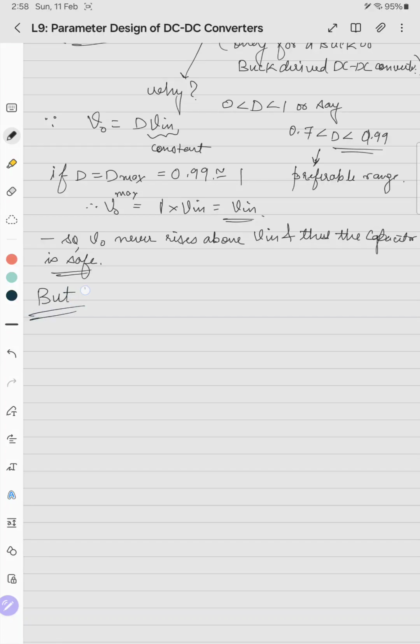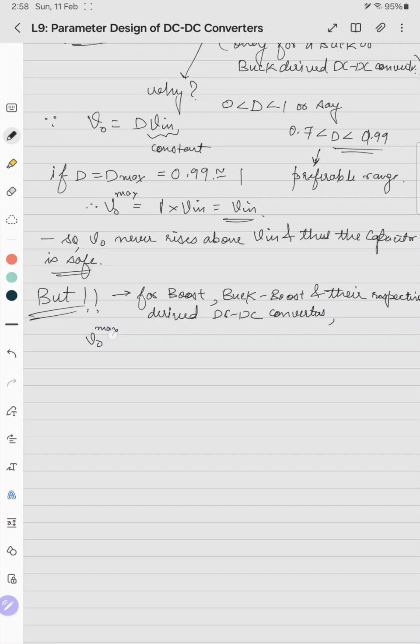But for boost, buck boost and their respective derived converters, what is V0 max? V0 max is V in by 1 minus Dmax, and this is for boost.